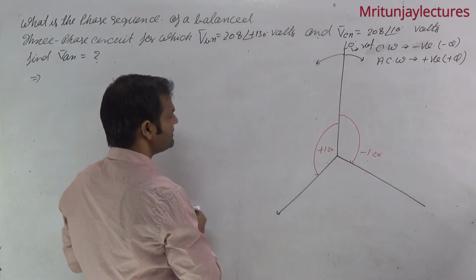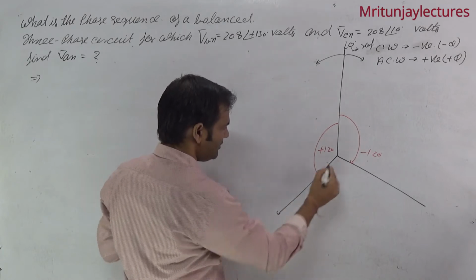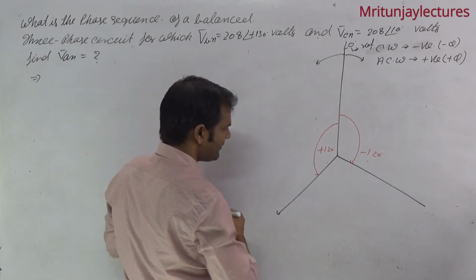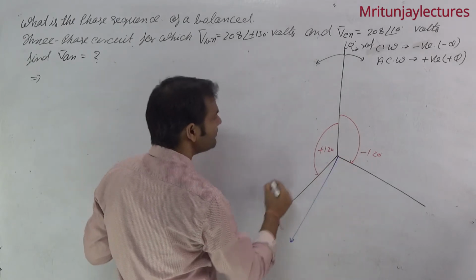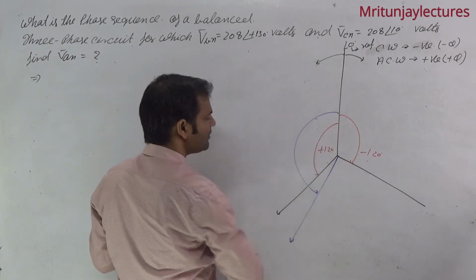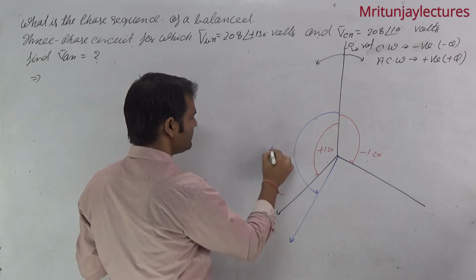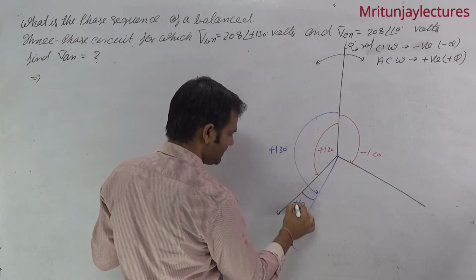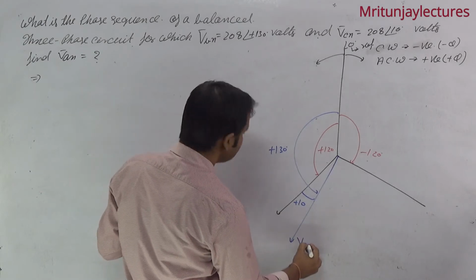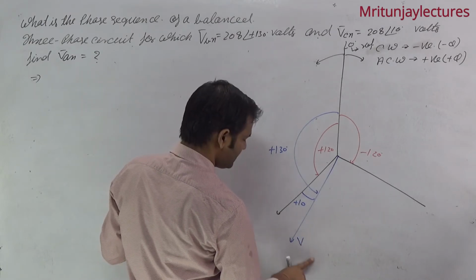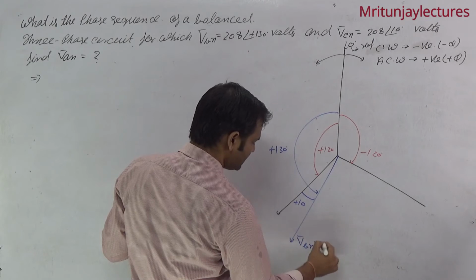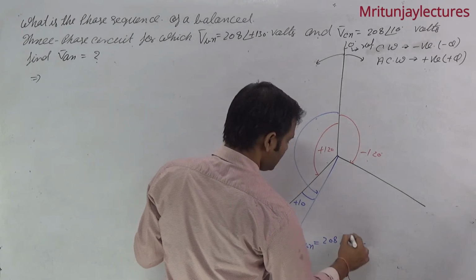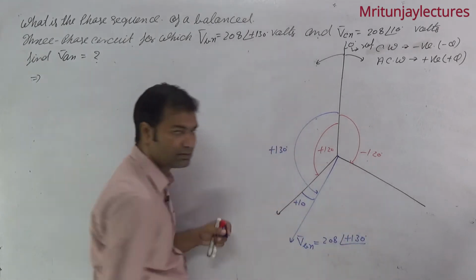Now the actual VBN is like this one, that is plus 130 degrees. It means this angle is plus 10. So VBN is equal to 208 at the angle plus 130 degrees.